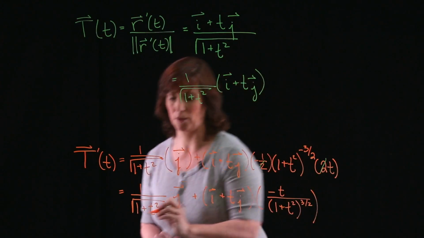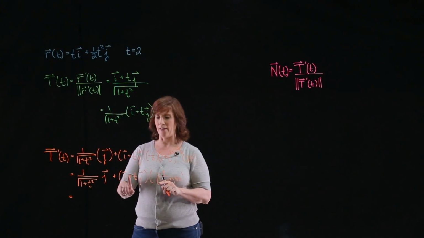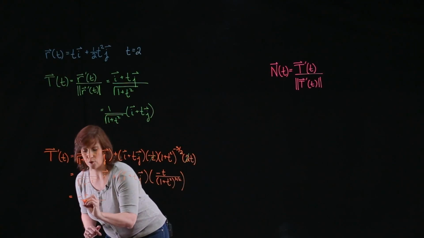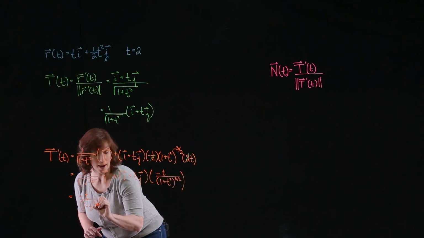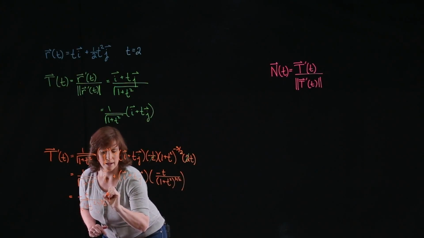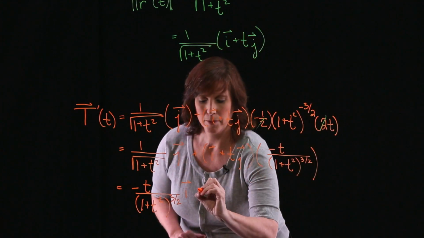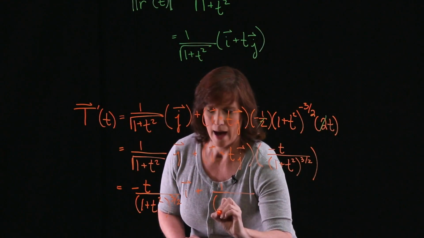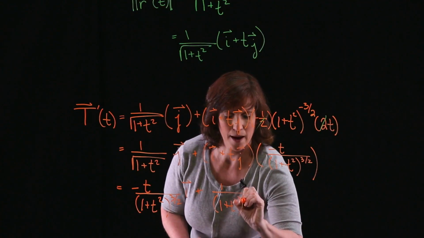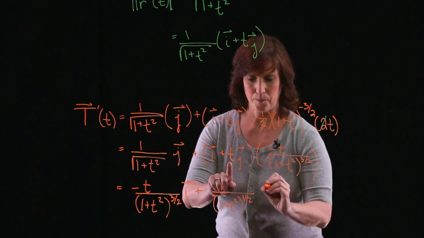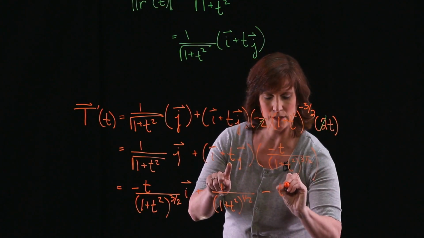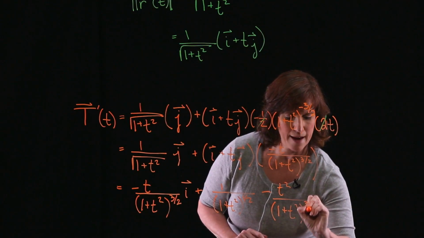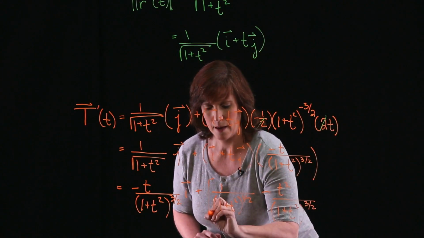Okay, I can even rearrange this a little bit so that I can group my j terms together and my i terms together. So I'll have minus t all over 1 plus t squared to the 3/2 times my vector i plus 1 over 1 plus t squared to the 1/2 power minus t squared all over 1 plus t squared to the 3/2 power times my vector j.